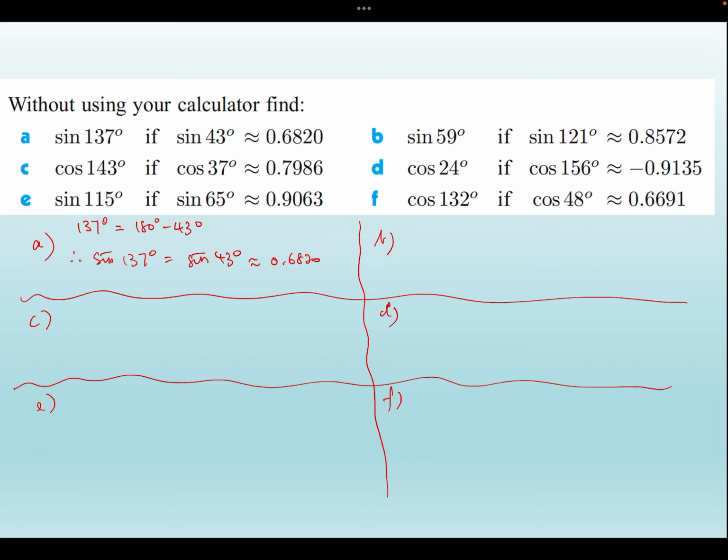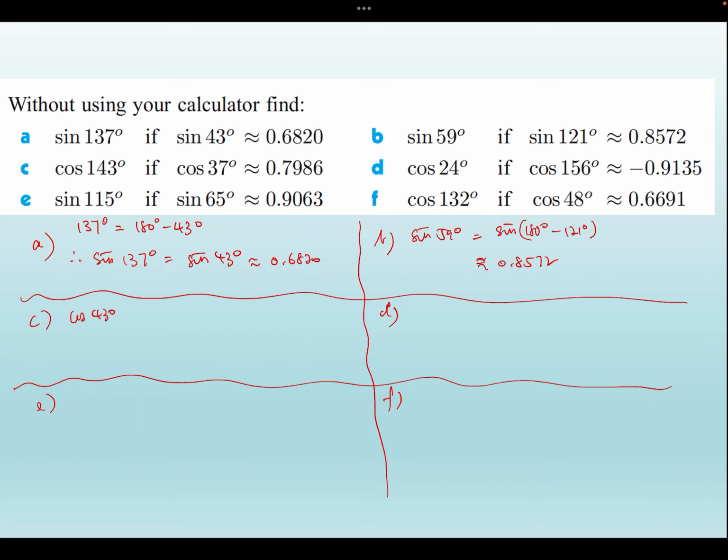Part B. Think about part B. What could you do? You know that sine 59 degrees is the same as sine 180 degrees minus 121 degrees. So therefore, it's approximately 0.8572.